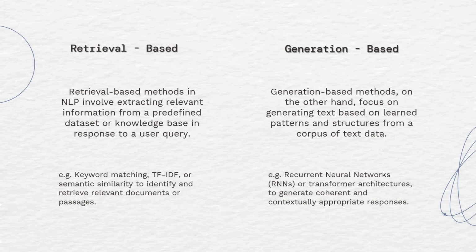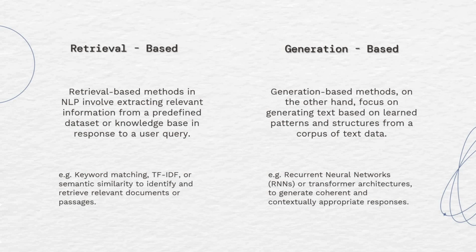So these are the two limitations of generation based methods, that they sometimes are not factually accurate, and that training such models requires a substantial amount of computational resources.